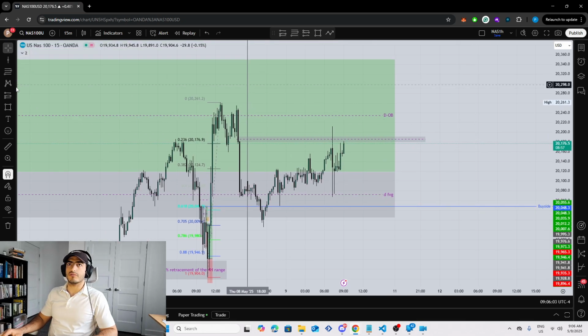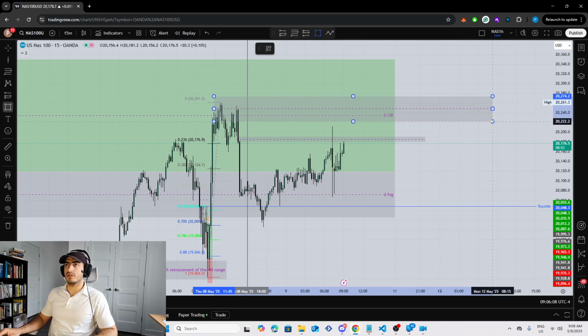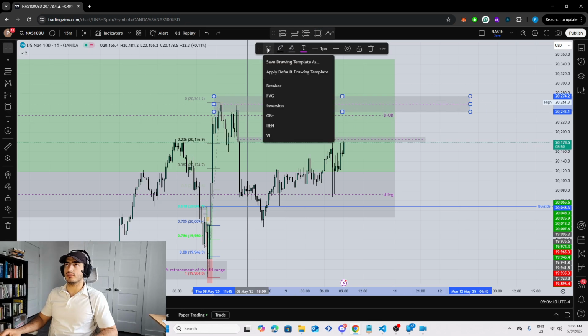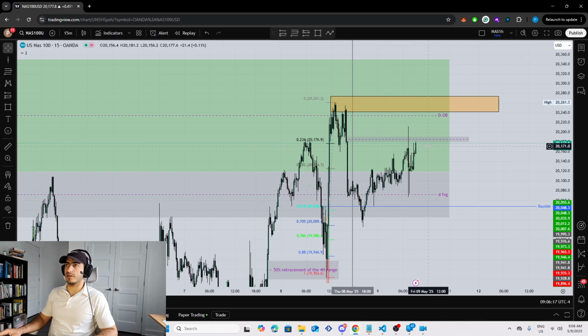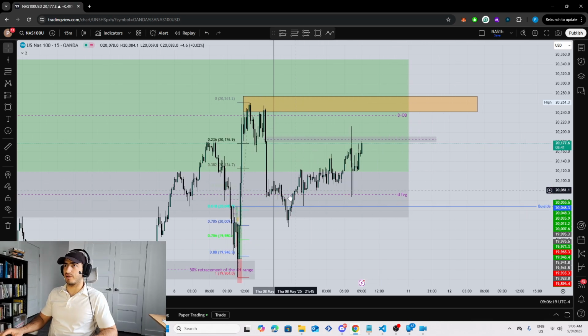So we're working off of relative equal highs. Let's do this little box over here. I like doing this box in beige and with lines. There you go. And this is the daily order block that we are within, and that's the daily fair value gap that we found as support, the consequent encroachment.